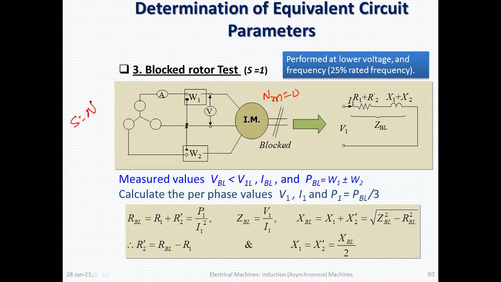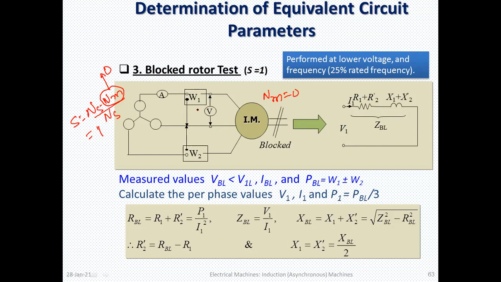Slip is Ns minus Nm divided by Ns, so this portion is 0, and the slip will be 1. So at blocked rotor test, the slip becomes 1, and the rotor is mechanically blocked by applying a load on the motor. It is not allowed to run.